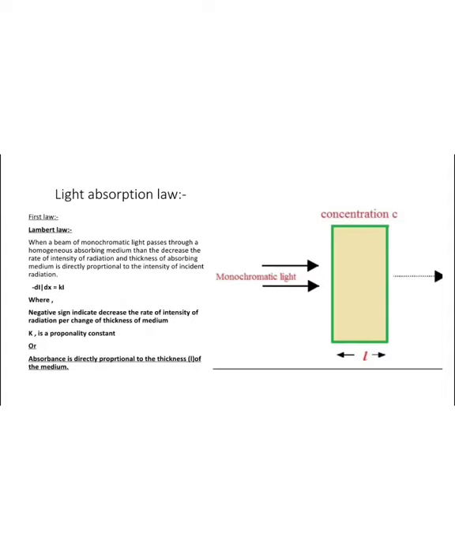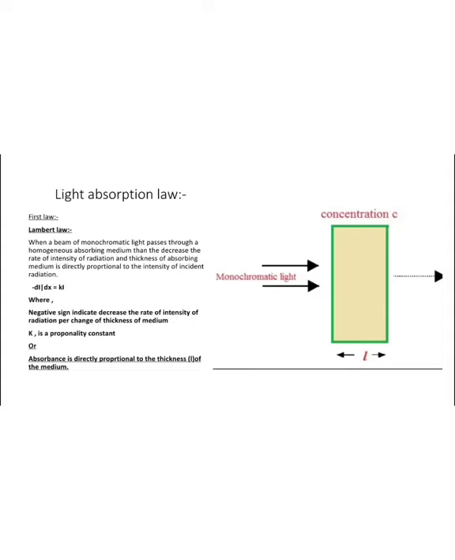Let's take one example. Suppose there are four samples: sample A, sample B, sample C and D. All samples have water, and all have the same concentration but their path lengths are different.